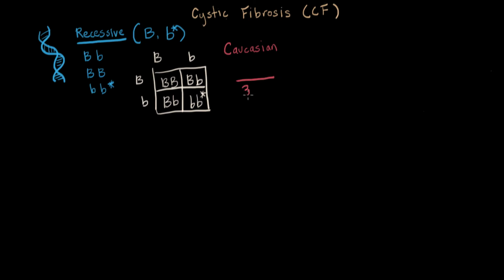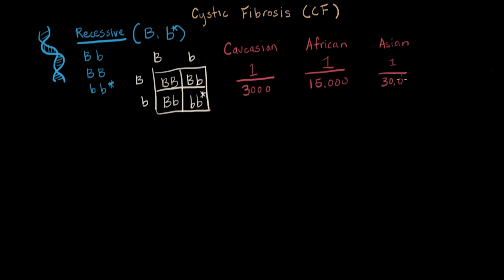So out of about 3,000 people in the Caucasian population, one person would have CF. They would have this little b little b combination. And for other races, traditionally, there's been less frequency of the disease because the gene is not as frequent. For example, in African people, there's about 1 in 15,000 who get CF. And in Asians, there's about 1 in 30,000.